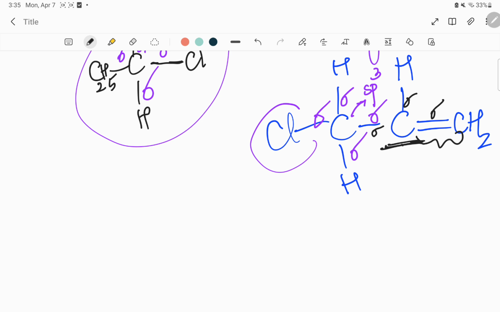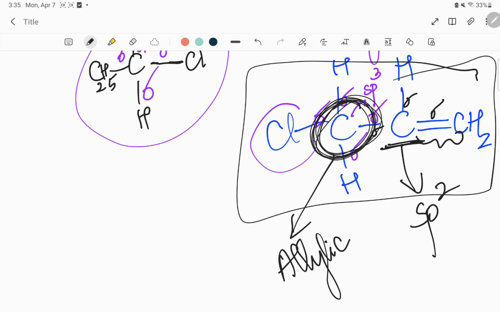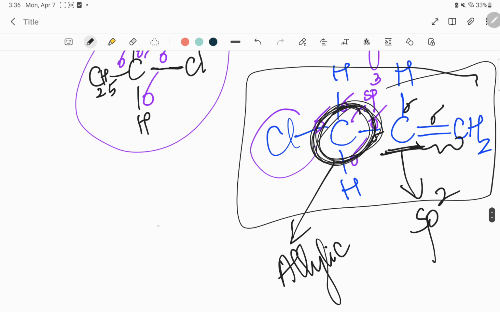So this carbon is under sp2 hybridization. In this case, the carbon atom which I am circling is the allylic carbon, and this compound is an allylic halide. The name of this would be 3-chloroprop-1-ene.